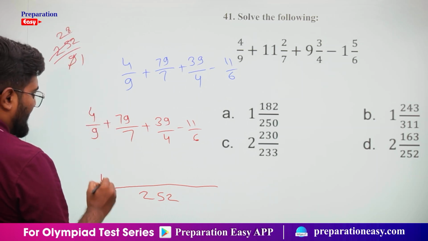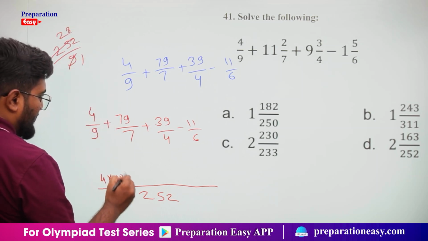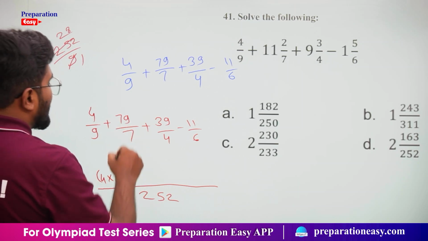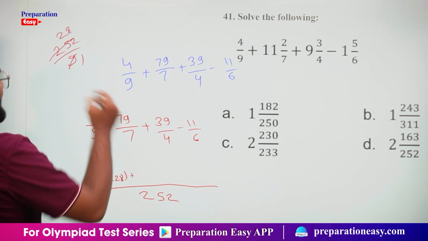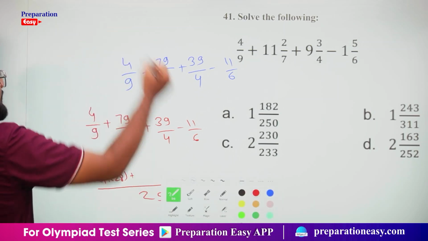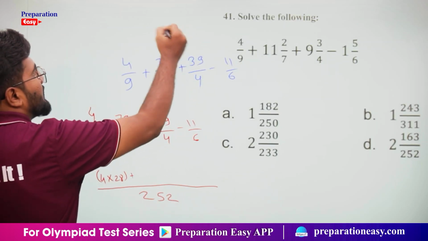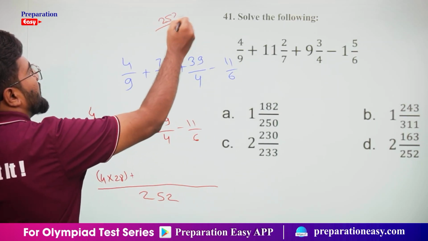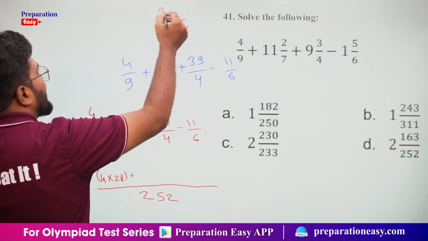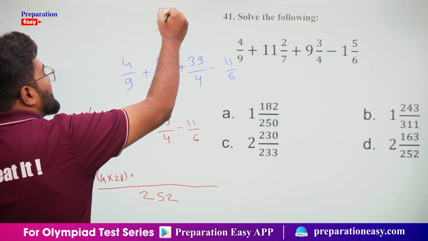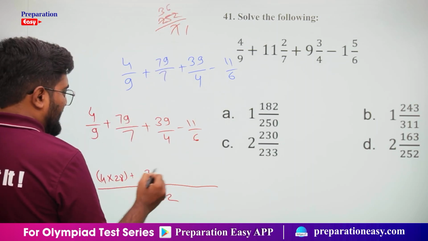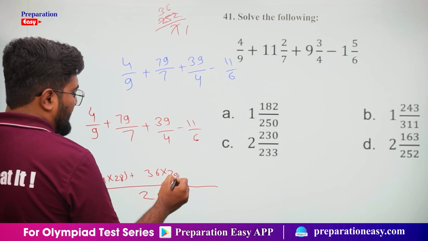So 4 multiplied by 28, plus 79 by 7: we divide 252 by 7, and 7 sixes are 42, so 36 multiplied by 79.